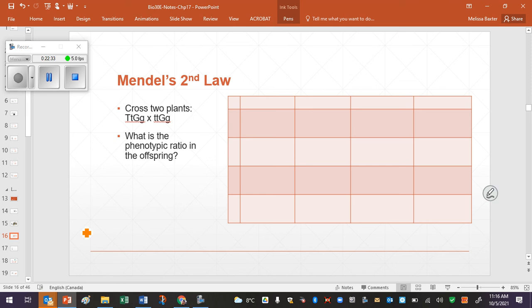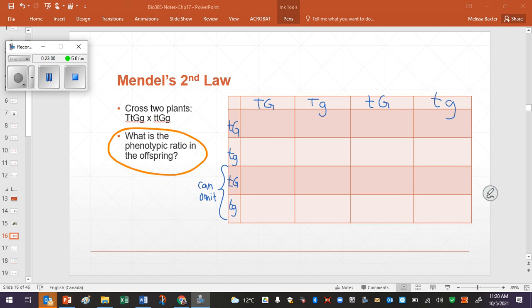I put a 16 square Punnett square there, but you may not need to use the whole thing, just as a little preview. And so I'd like you to figure out the phenotypic ratio in the offspring if those are the 2 plants that I'm crossing. It'll be different than the last example because my 2 plants are not both heterozygous for both traits.